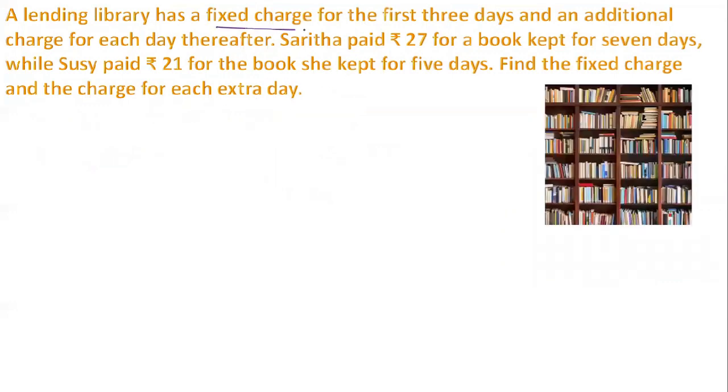Look at this question. A lending library has a fixed charge for the first 3 days. If you take some books and keep them with you for the first 3 days, there will be a fixed charge, and an additional charge for each day thereafter.